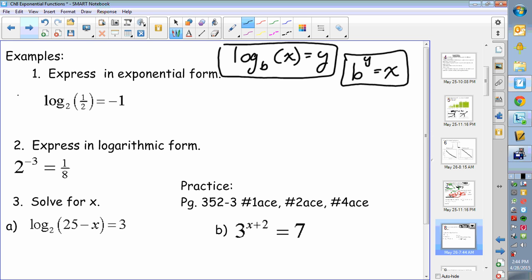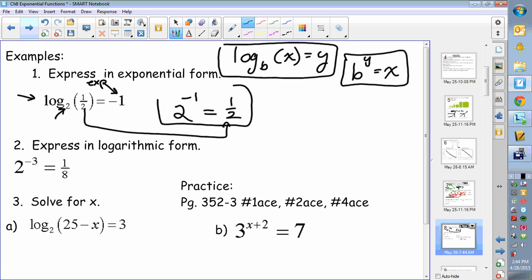So this is logarithmic form, and we want to write it in exponential form. So the base is 2. So 2, this is the exponent, to the -1 equals 1/2. Well, that's pretty simple. You knew 2 to the -1 is equal to 1/2. So this is your answer. You've written that logarithmic expression, we have converted it to exponential form.